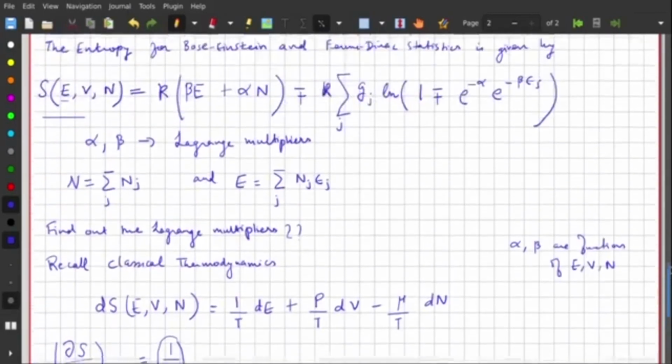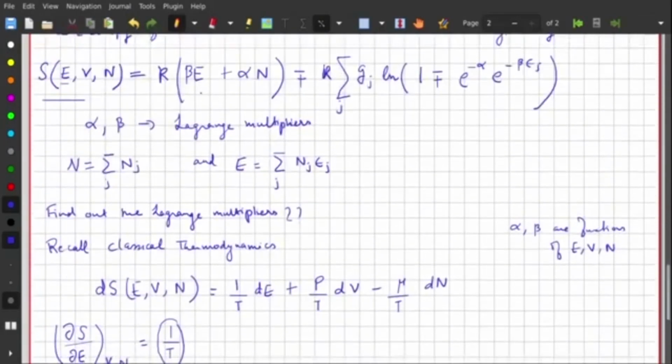The first term is quite simple because we are differentiating E with respect to E, so it is just k. Alpha can also be a function of E and N, where k is the Boltzmann constant.